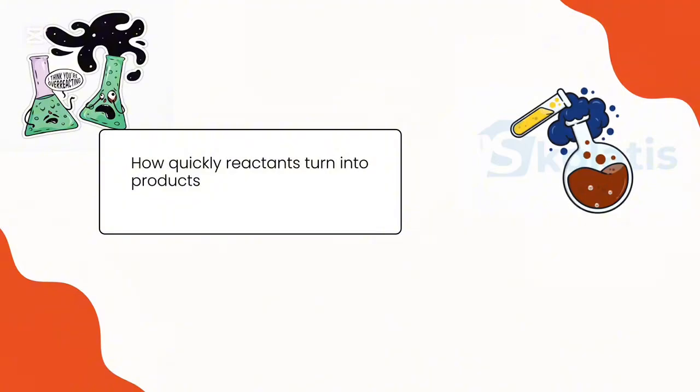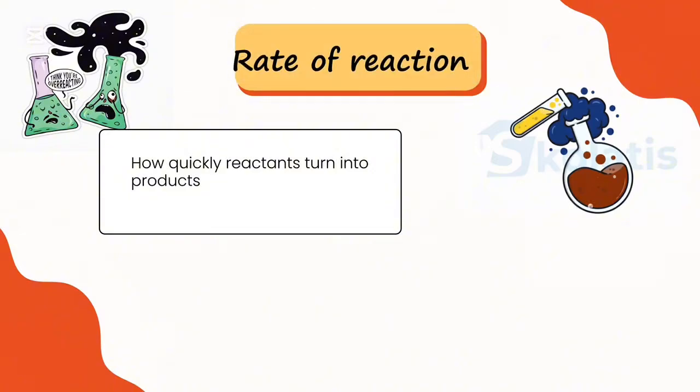This is the meaning of the reaction rate, or the rate of reaction. Rate of reaction means the speed of reaction. We measure the speed of each reaction by measuring the time taken by each one to dissolve. So the rate of reaction means how quickly the reactants turn into products.